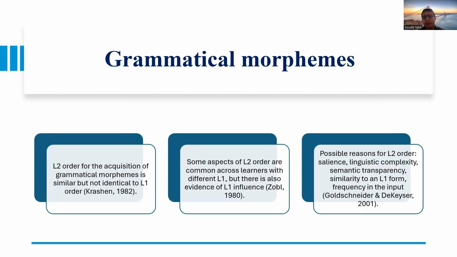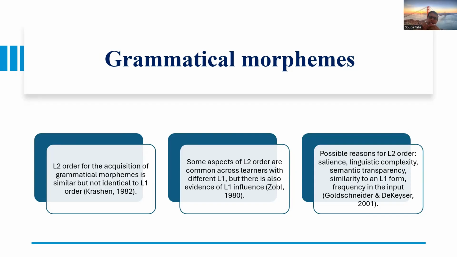One of the things that have been highlighted as well are the grammatical morphemes. As we mentioned in the first part of the course, morphology is one of the levels of the language. So the second language order for the acquisition of the grammatical morphemes is similar, but not identical, to the first language order.